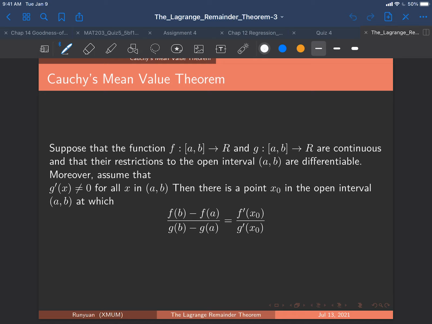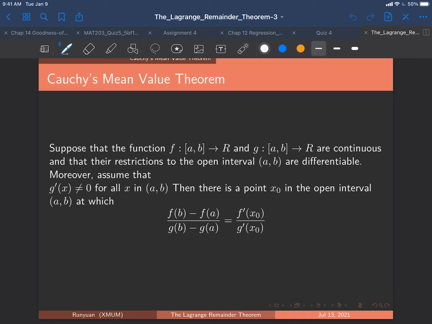And moreover, the derivative of g is not equal to 0 for all x in (a, b).